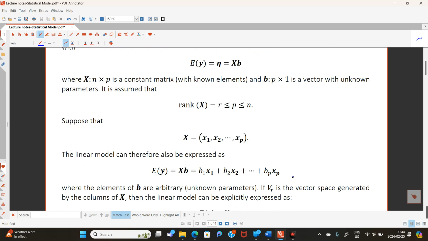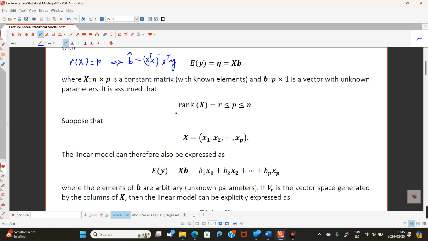B is a vector of unknown parameters of dimension p by 1. We want to violate the common assumption for the design X, and we know that if we can get a full rank X, so if the rank of X is equal to p, then the estimate for B, which is denoted here by B hat, is equal to X prime X inverse X prime Y. So you can easily estimate B, and then the target, which is the estimation of eta, can be easily obtained.